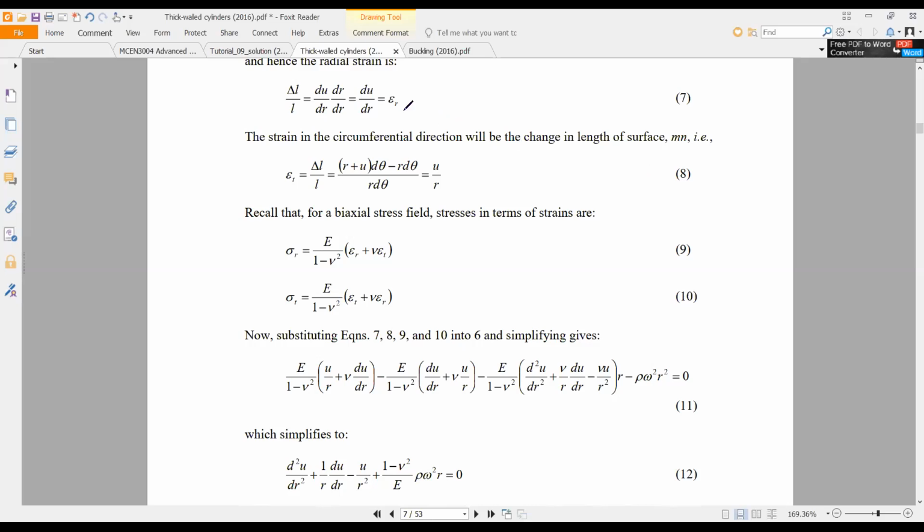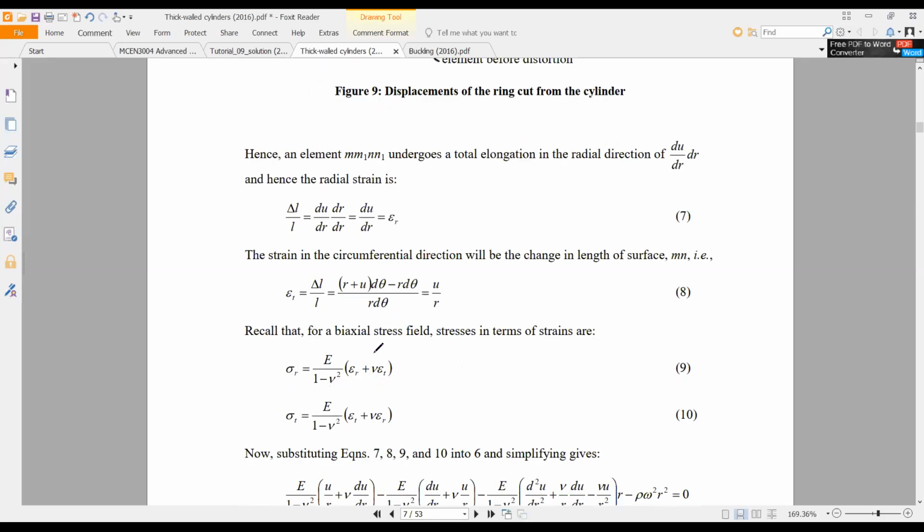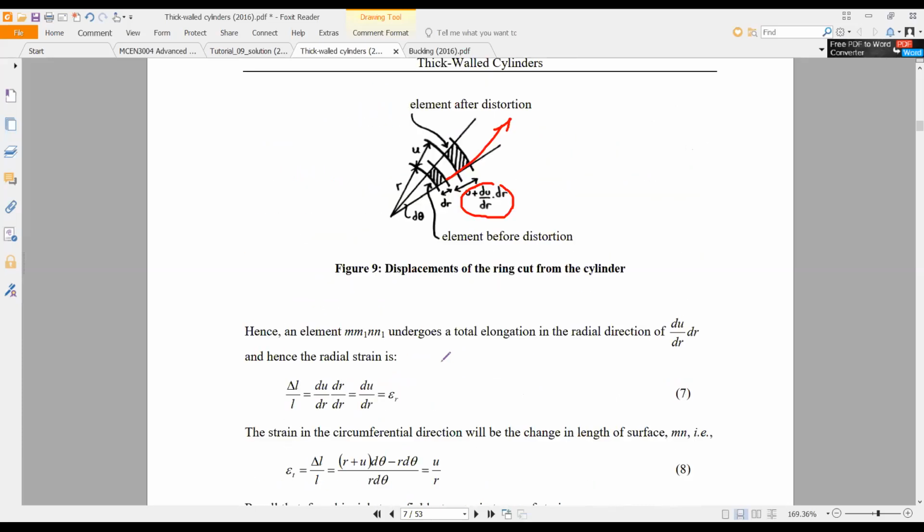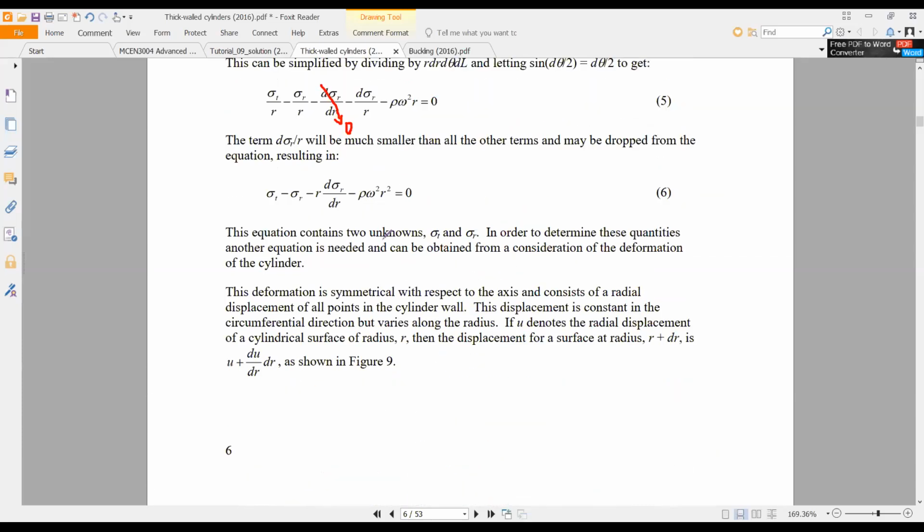We know epsilon r and epsilon t as well, separately. So we can substitute epsilon r and epsilon t into this equation, and then you will get the equation for sigma r and sigma t. That equation you can substitute in here, sigma t and sigma.